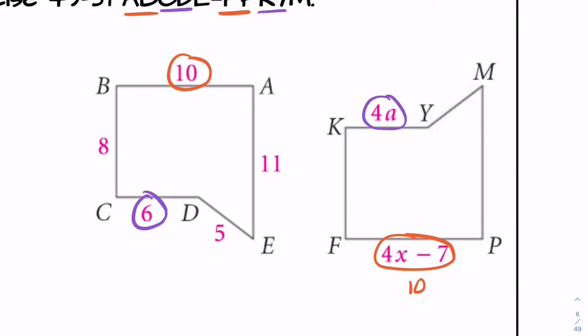And then 4A is 6, so I'm going to get that this is 6 because 1.5 times 4 is 6. And then we have 11 here, so 11 and 11. Then I'm going to get 5 and 5 here.